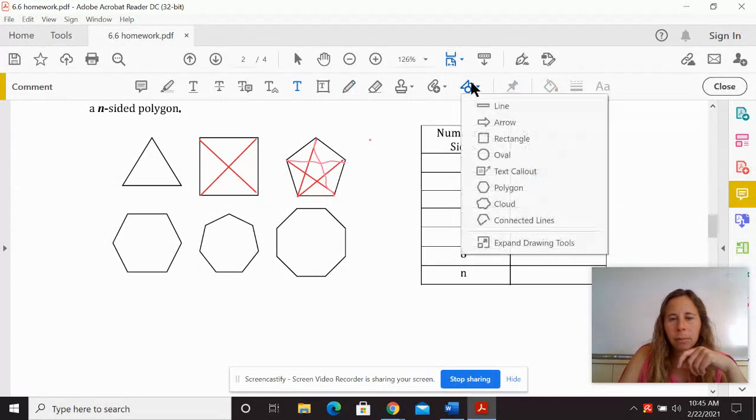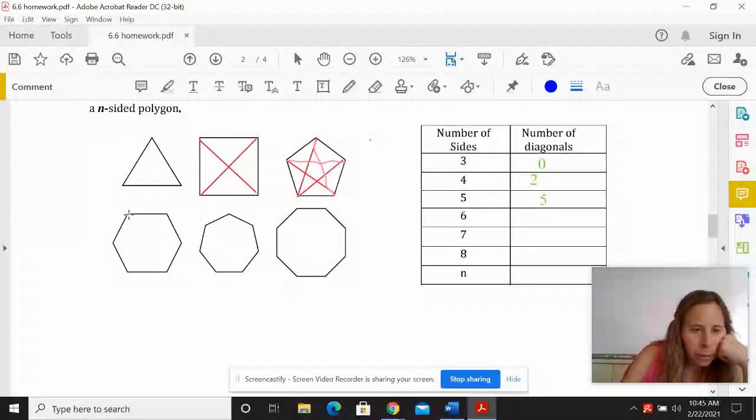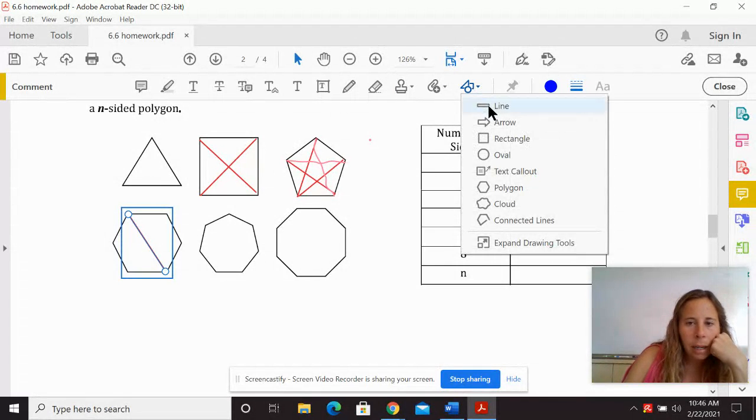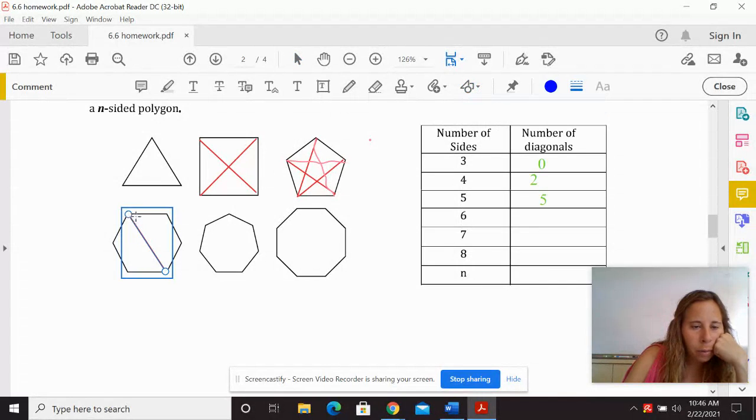How about that? So like from this vertex, it cannot go to there, and it cannot go to there because they're next to each other. But it can go here, and it can go there, and it can go to this one because they're not next to each other.